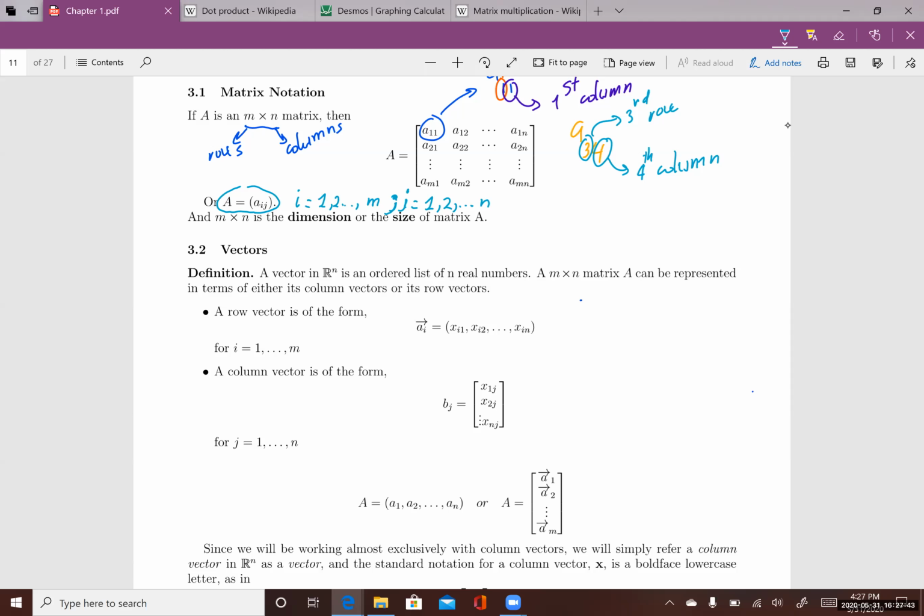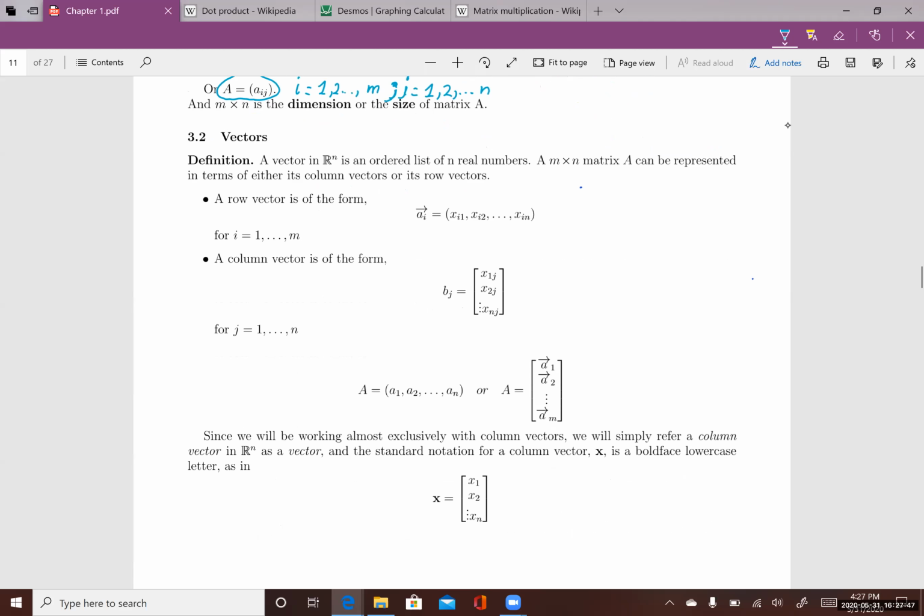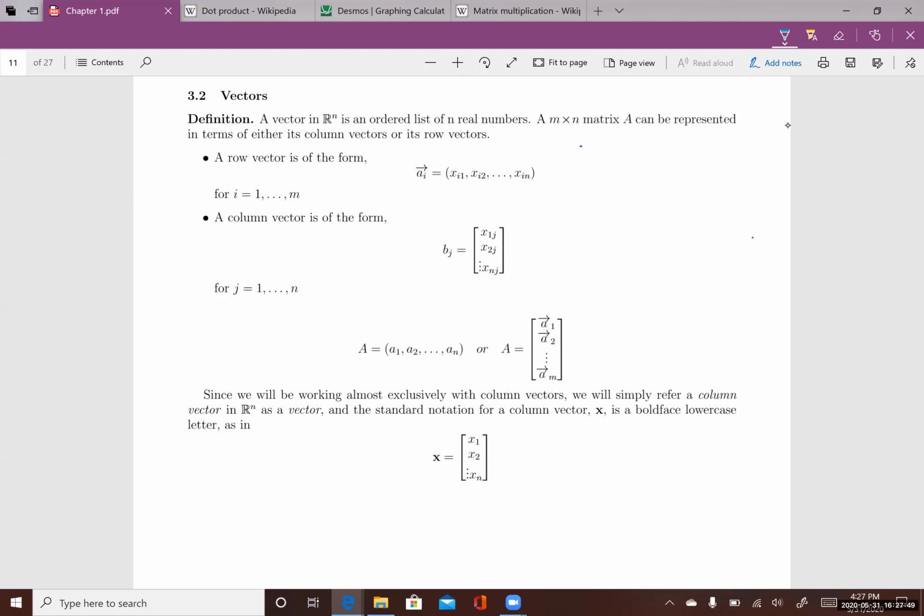So now in matrix A, we can represent a matrix using its vectors. You can use either row vectors or column vectors of a matrix to represent a matrix. A row vector is in the form little a_i with an arrow above it, right?